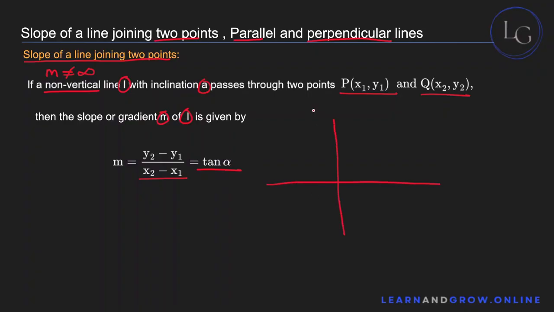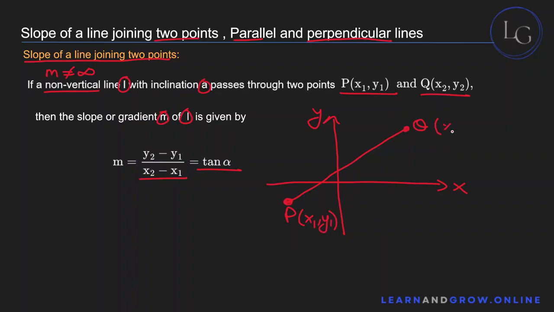Say you have this coordinate axis, right? And say you have this line over here. This is the point P, right? And this is the point Q, right? P has x1 as its x value and y1 as its y value.